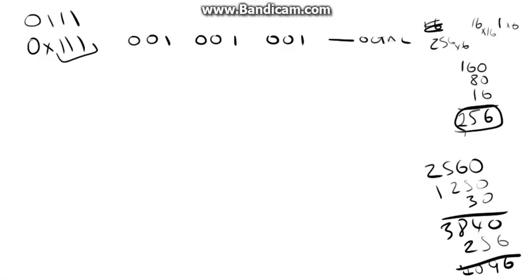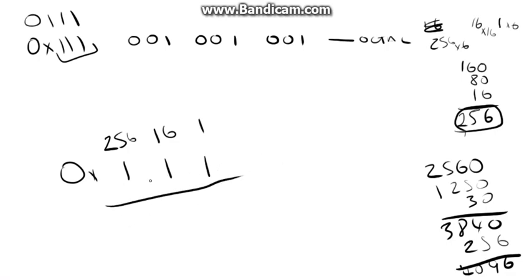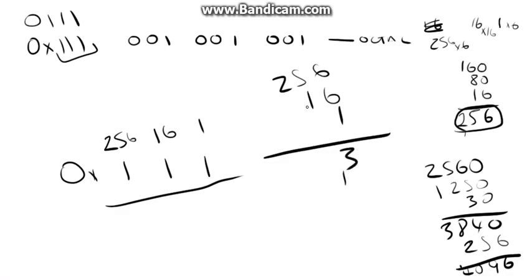If you do binary and keep going up and up and up, you'll also see that matches as well. So I'm guessing if I do 1, 1, 1 in hexadecimal, I'm hoping it's going to be 256, 16 and 1. I'm hoping that hexadecimal is going to be 1, 16 and 256, which will give me 6, 12, 13, 5, 6, 7, 273.